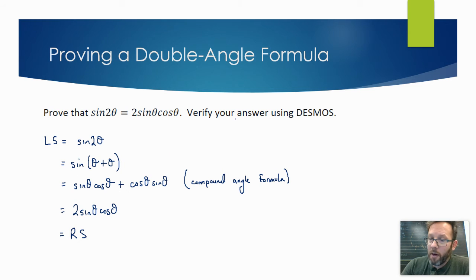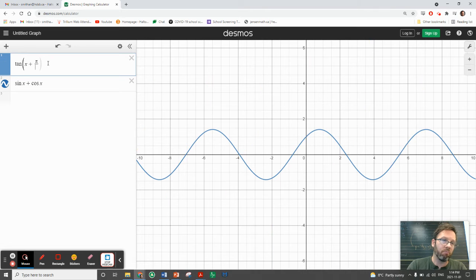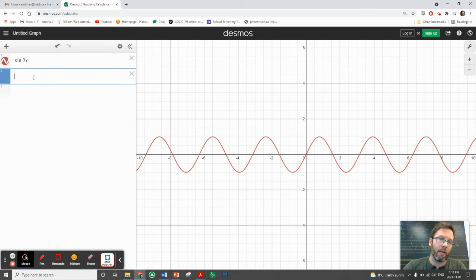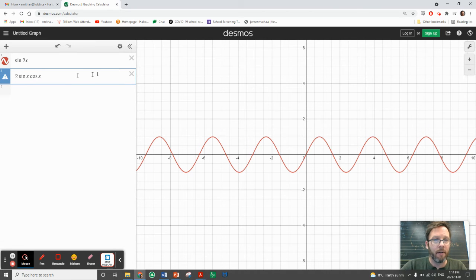Let's just verify this one in Desmos, and I think that'll be the last one we have a look at in Desmos today. But yeah, feel free to always double check. So we'll graph sine 2x, so that's it in red right there. And then the graph of 2 times sine x times cosine x.